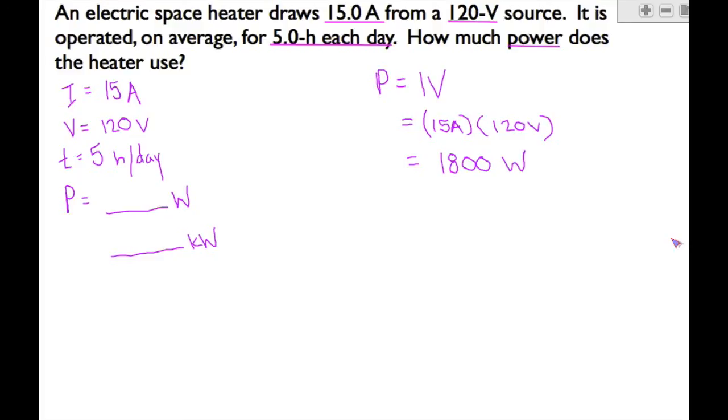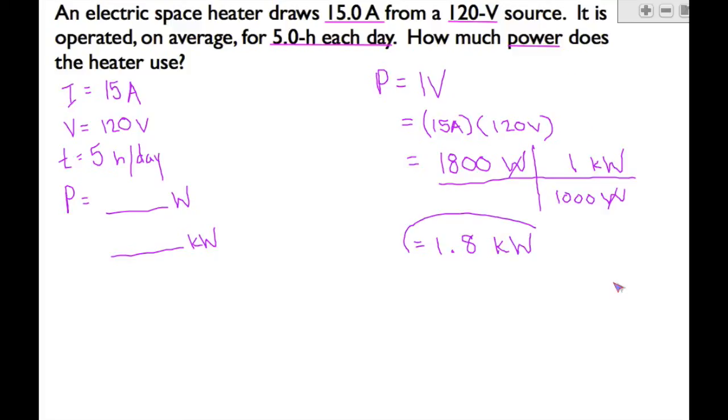Now if I want to find out how many kilowatts that is, I can just convert it. There are 1,000 watts in 1 kilowatt, so that would be 1.8 kilowatts. Okay, we didn't do anything with the time, but I feel like we'll probably need it later.